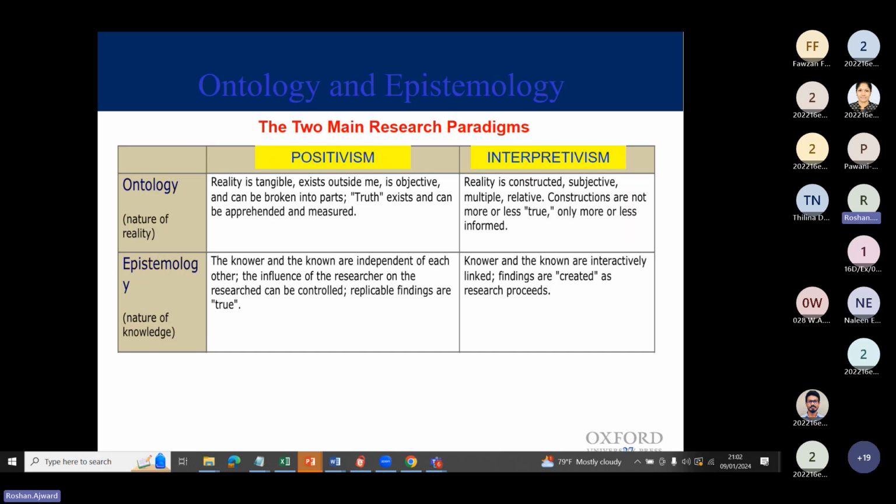The positivistic researchers believe that only one reality exists. But interpretivist researchers believe there are multiple realities. There is no only one reality.